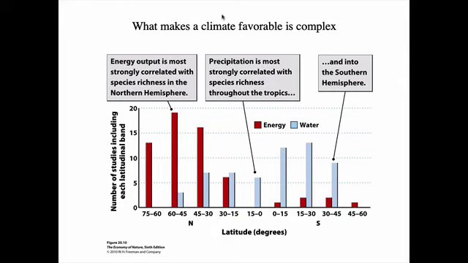What's the biome that occurs disproportionately around 30 degrees north and south? Desert. Exactly. So very counterintuitively, even though the southern hemisphere is mostly ocean, productivity and diversity in the southern hemisphere is more reliant on water because of where the land is.